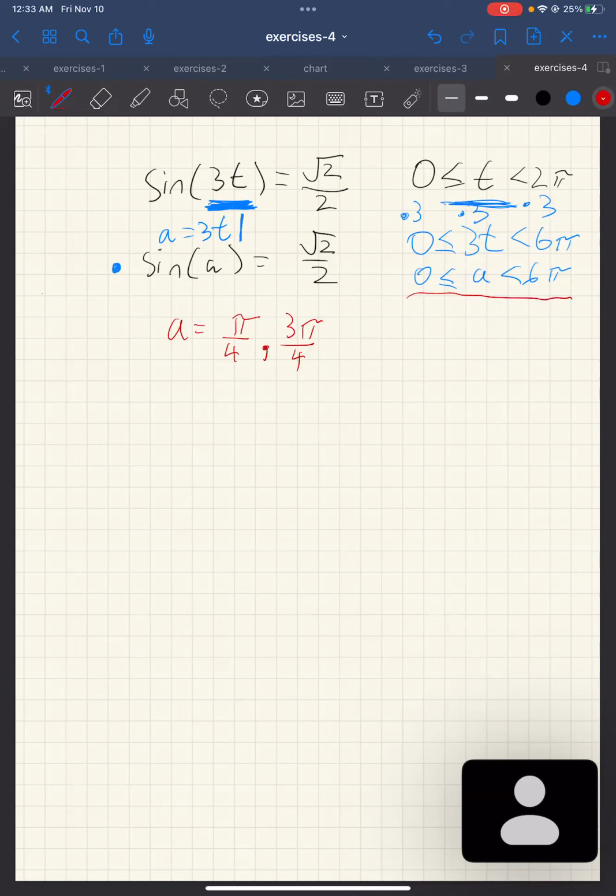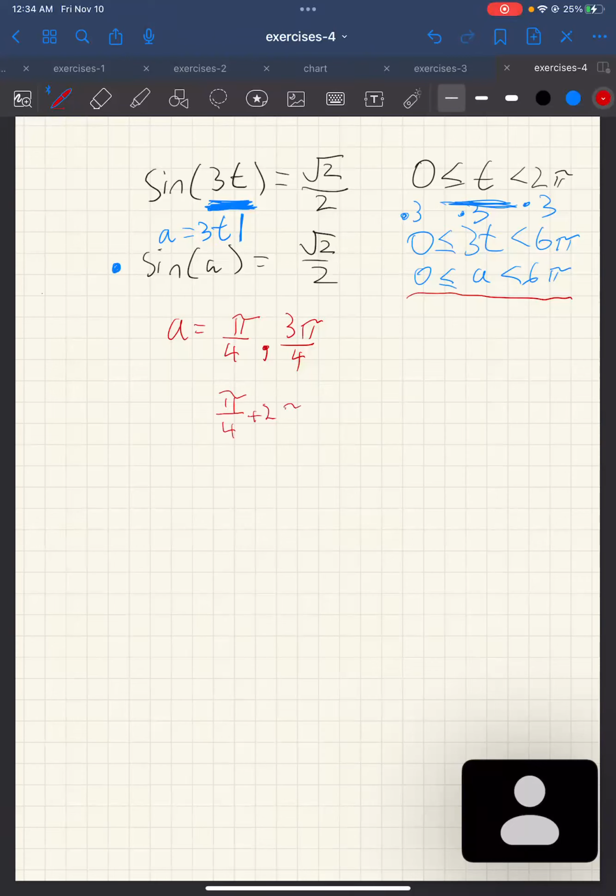But this interval is literally what we did to get this, multiply by 3. This is 3 times as many answers. This is 3 periods. So because each period has 2 solutions and there's 3 periods, we need 6 answers in total. We need 2 answers from each period. Well, how do I move forward one period?